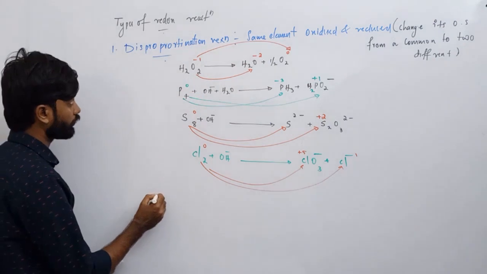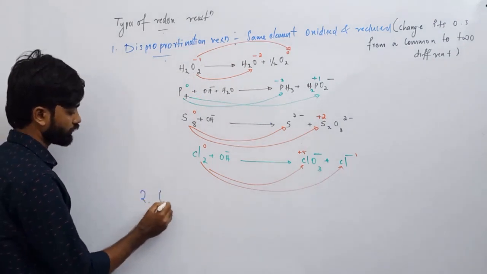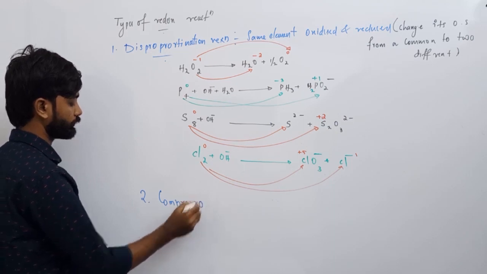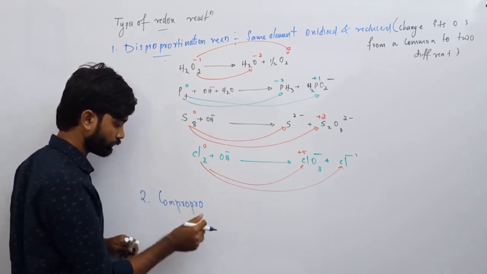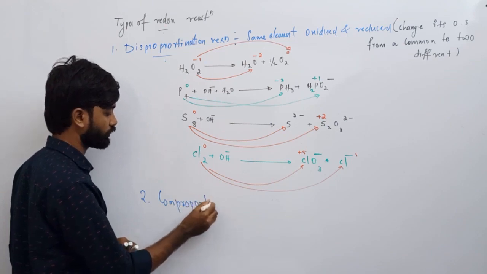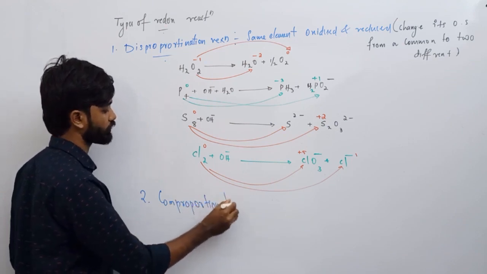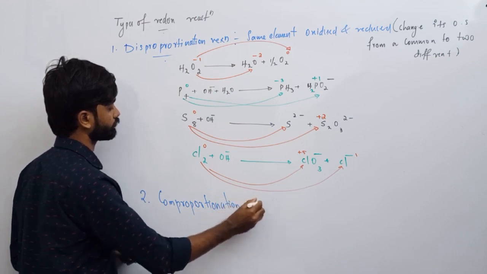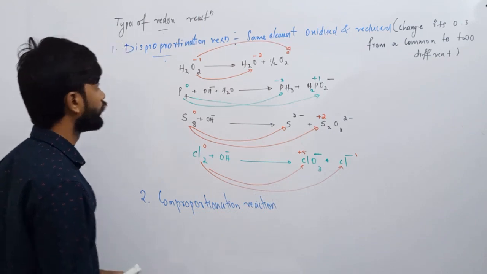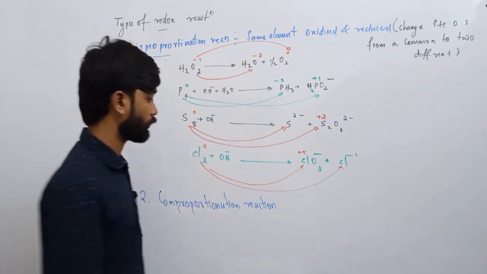Then one more type of reaction is also there, that is the comproportionation reaction. It is just the opposite of the disproportionation reaction.